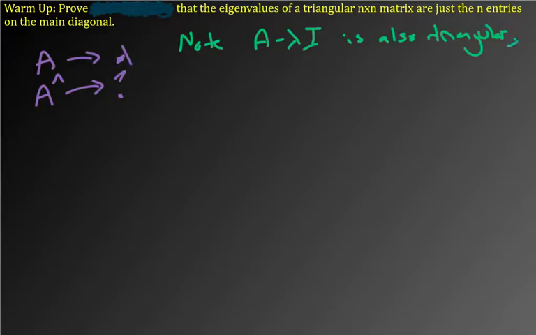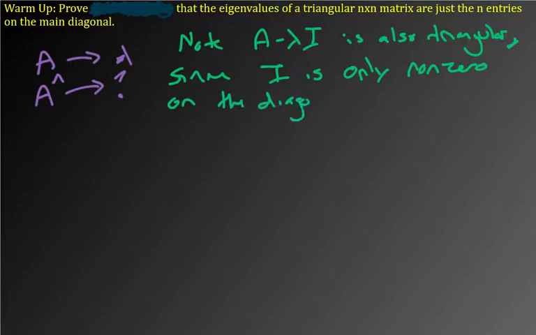Since I is only non-zero on the diagonal. So when you subtract those two matrices, you're only affecting the diagonal. You're not introducing a term in the other parts of the matrix, thus messing up the triangular structure of it.